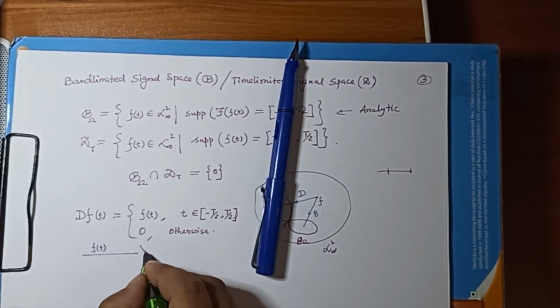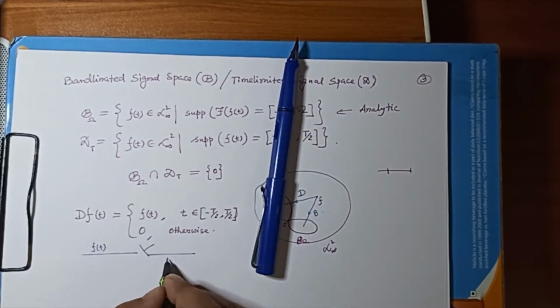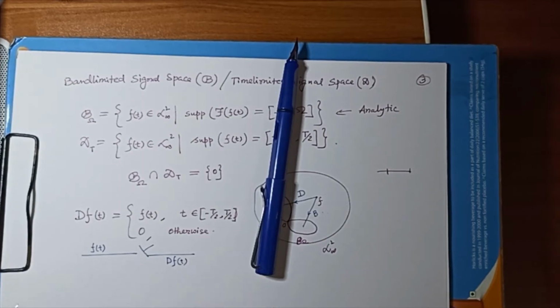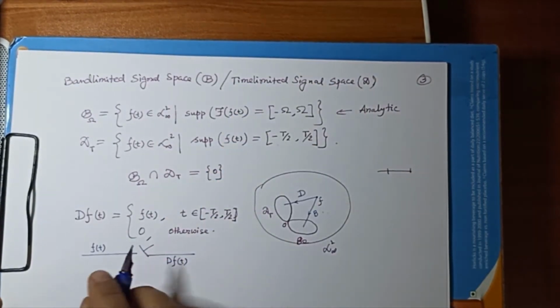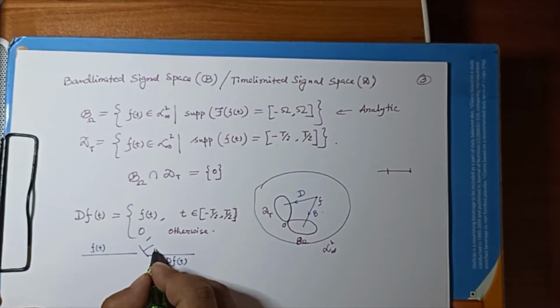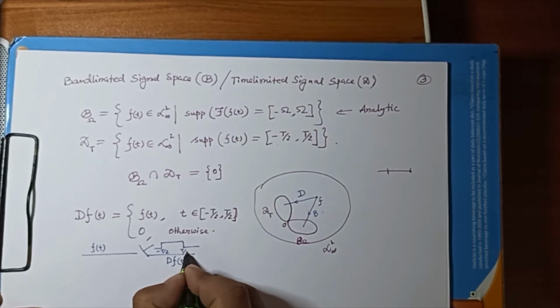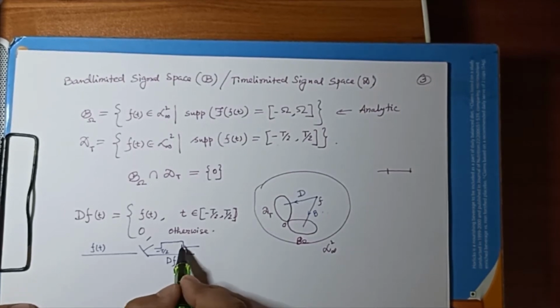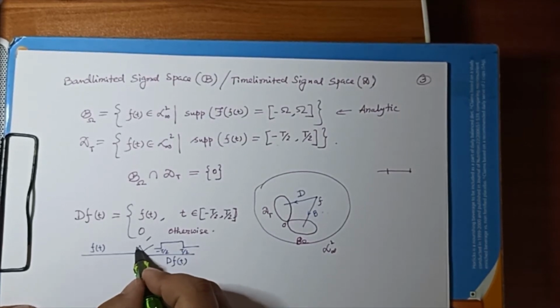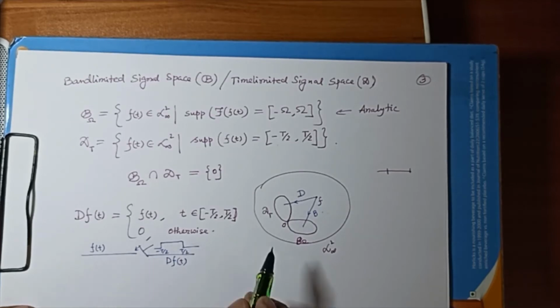You are having a switch here and this is your D f(t). This switch is controlled by a signal which is a pulse, and that pulse turns on at minus T by 2 and turns off at plus T by 2. So when this is on, then this switch is connected, and when this is off, then this switch is off.